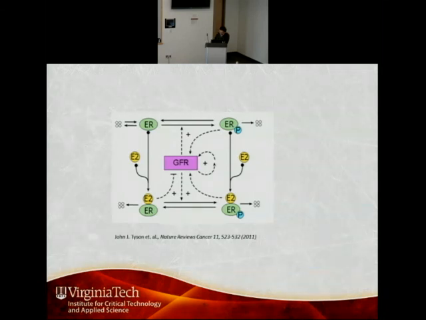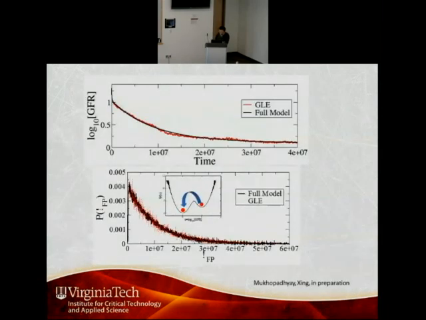John has this full model, so you can run simulations that mimic the experimental condition and get the time series. Then from the procedure, we run the full model simulation and reconstruct the generalized Langevin equation. This is the dynamics of EGFR from the simulation of the full model and from the reconstruction. We see the agreement is quite remarkably good.